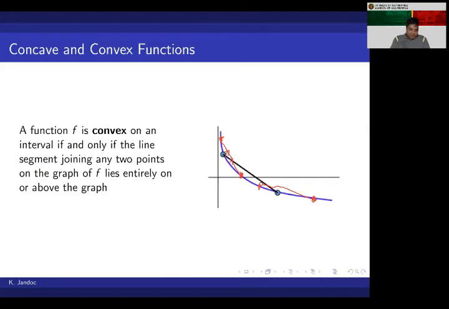In this case it's above the graph. How about these 2 extreme points over here? It lies above the graph. So if all the line segments lie above or on the graph, then this function is a convex function.